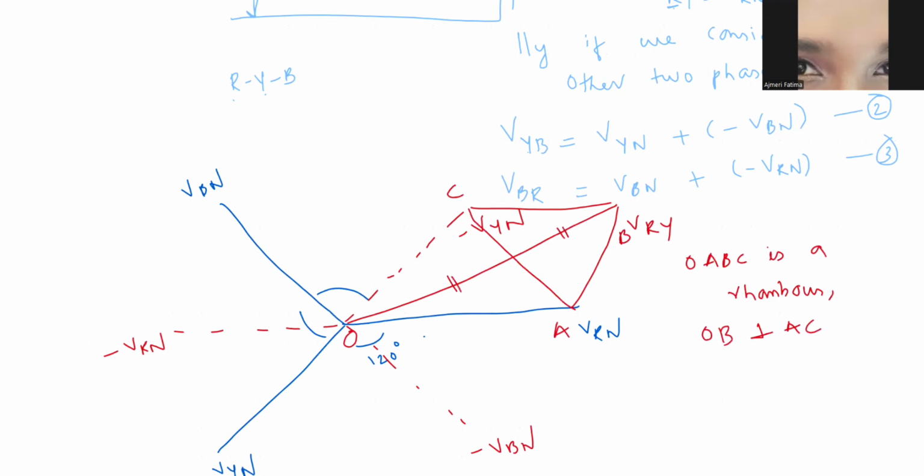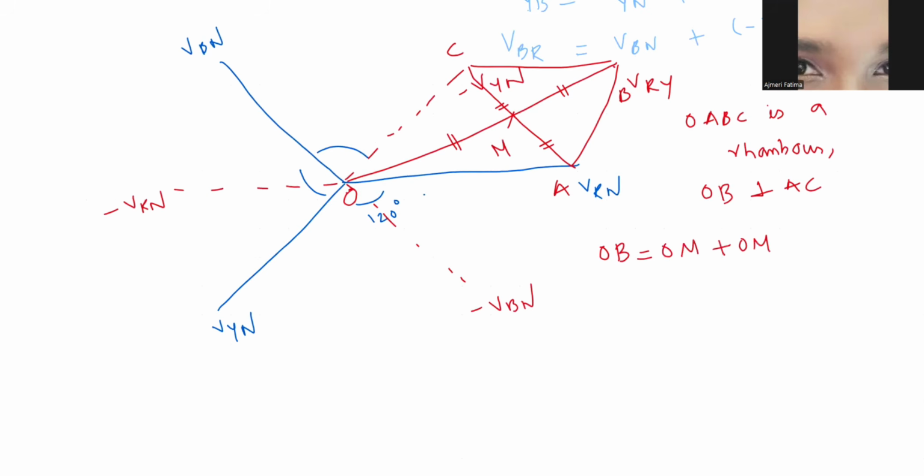I can also write, let me name this as M. OB is equal to OM plus MB. And I'm also saying the diagonals are the perpendicular bisectors. Sorry, just wait.